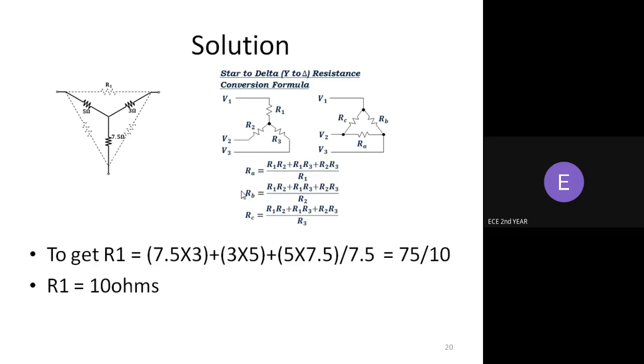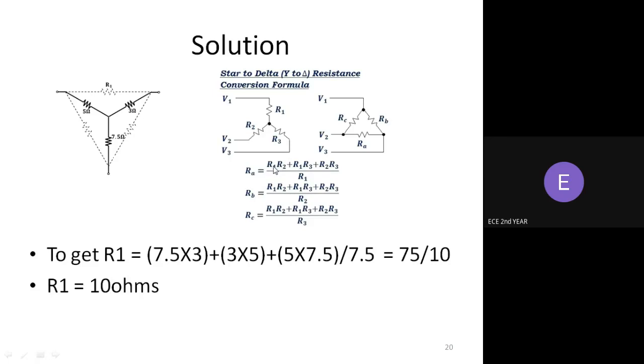And the solution of the problem is, so convert a star into a delta network. We will be considering the formula: RA, RB, RC are the resistances connected in the delta network, calculated from R1, R2, R3.